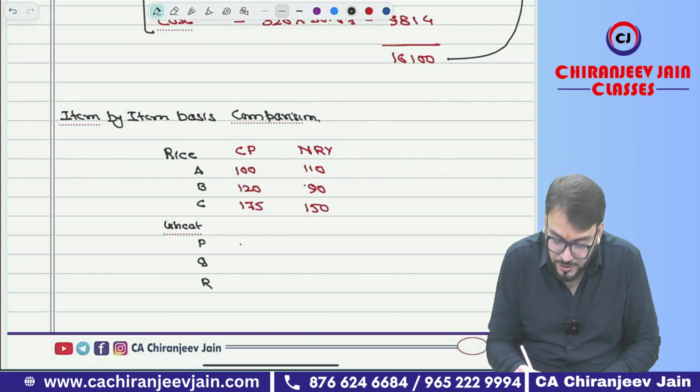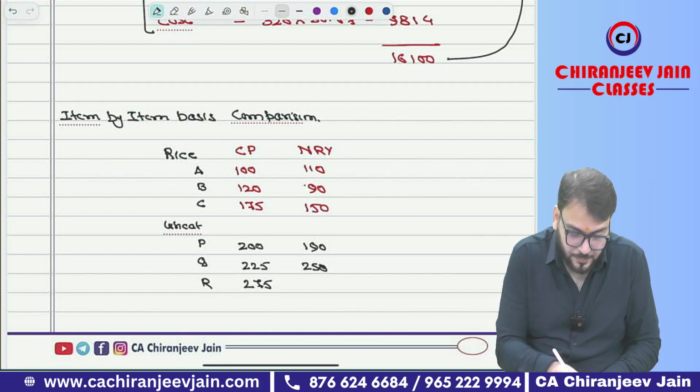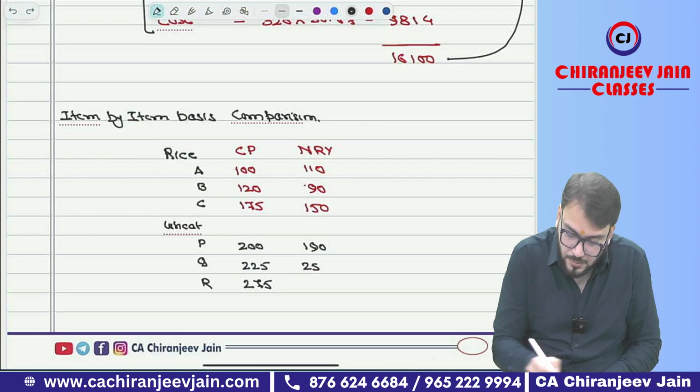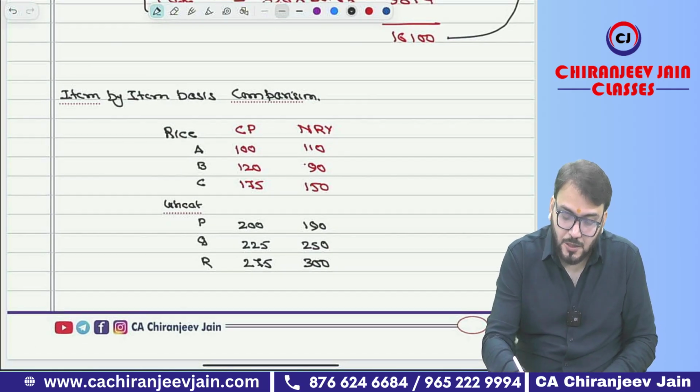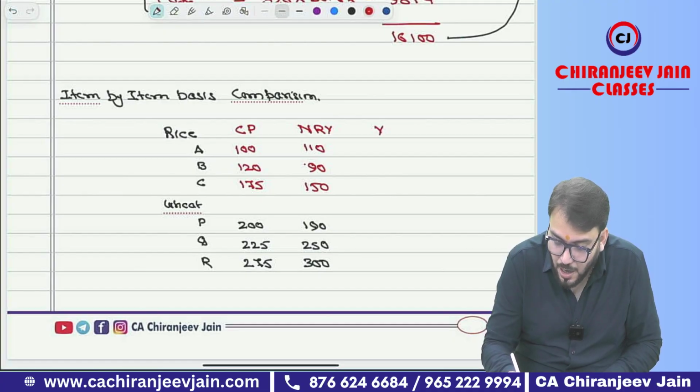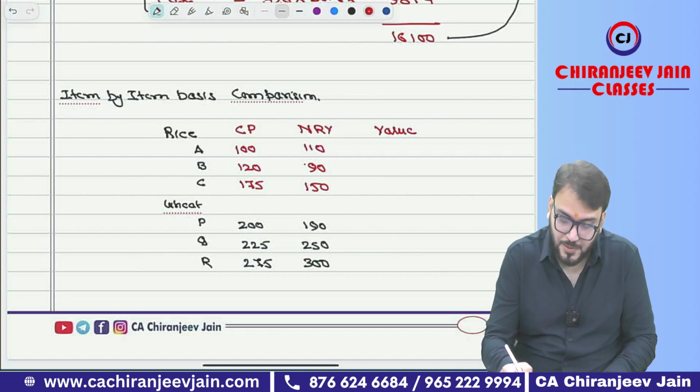Correct. So suppose this is 200, 225, and 275, and this is 190, 250, 250, and 300. Now the question is how to compare. So actually there are two ways.